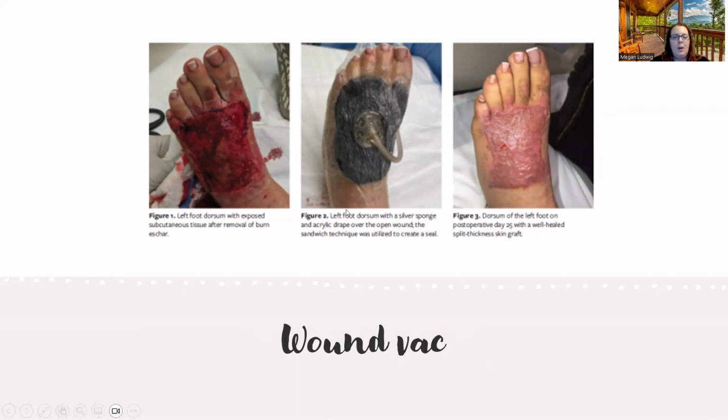A wound vac is a great option for this because you can cut it to size and it promotes healing. It's going to draw out the fluid, but it's going to promote healing. So the sticky gets put over it, creates a little suction, and the tube here gets hooked up to a special machine.